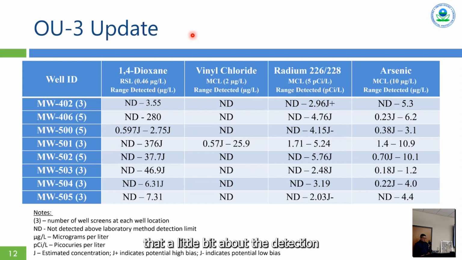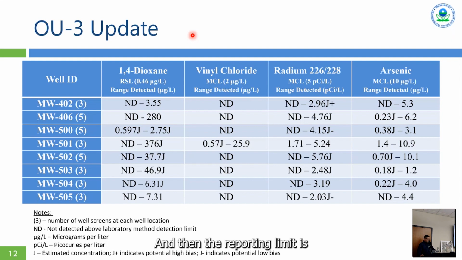A little bit about detection limits too. There are method detection limits and there are reporting limits. Method detection limits are lower. Those are typically specific to a contaminant and specific to a lab. It's a statistically based number that can change over time because the labs are continually evaluating the results, and so the statistics can change.